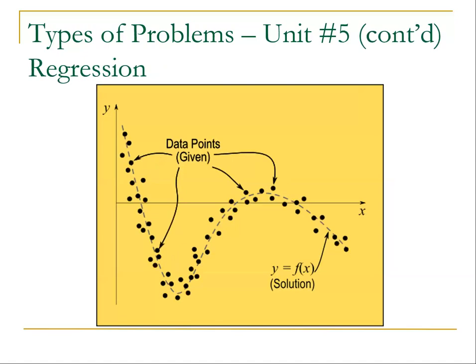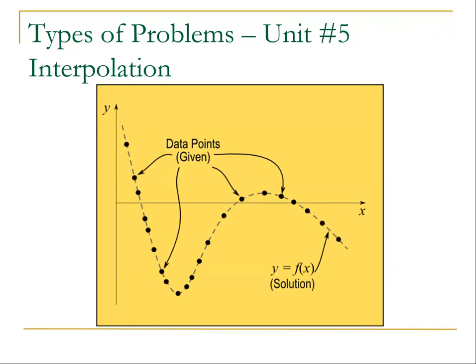Your function is now based on a general range of information, and it's less certain than the interpolation case. We call that regression. Alright? It is to estimate the behavior of something based on experimental information. Interpolation is to estimate the behavior of something based on certain information or sure information. Alright?